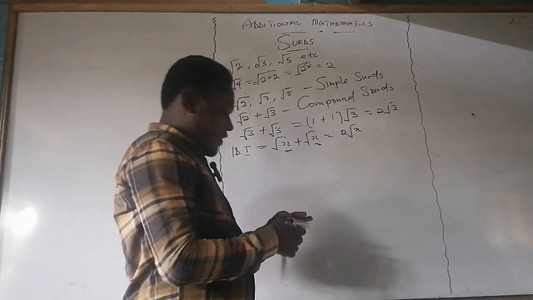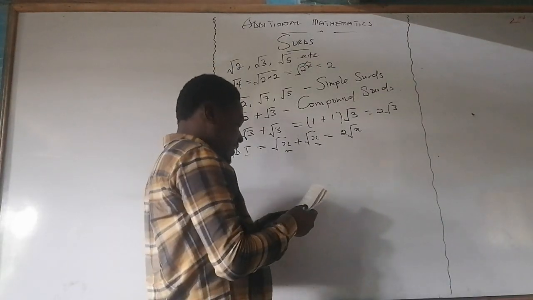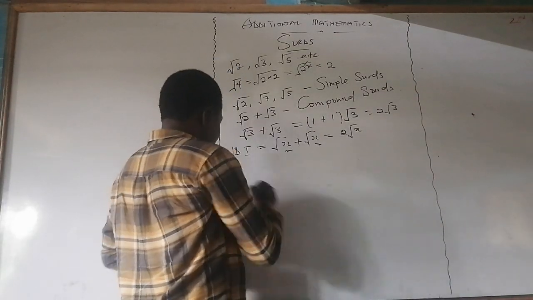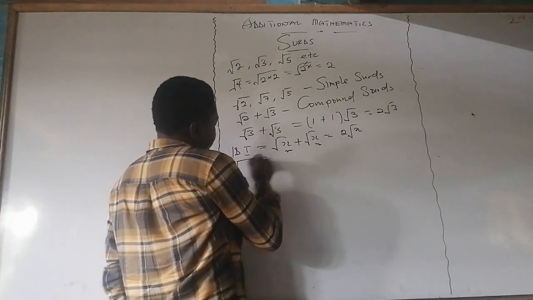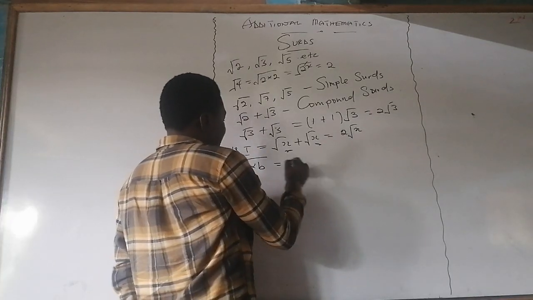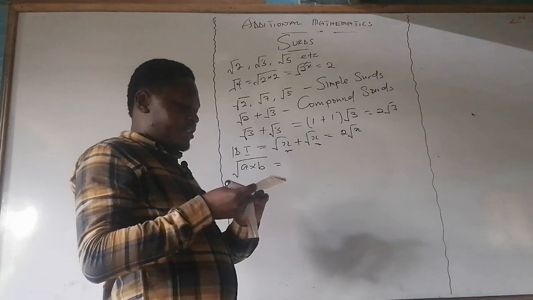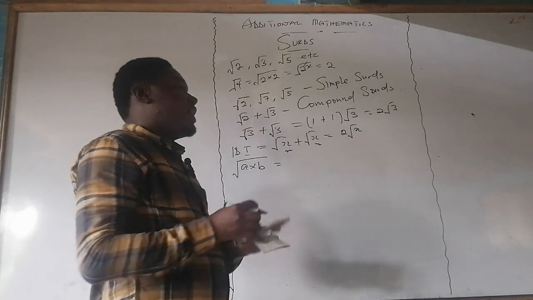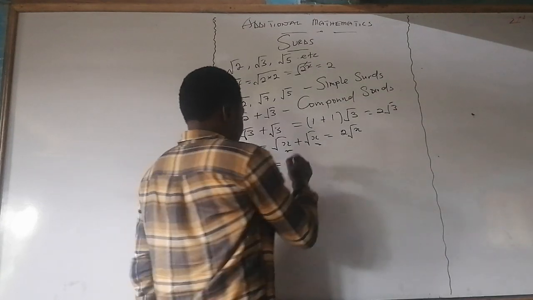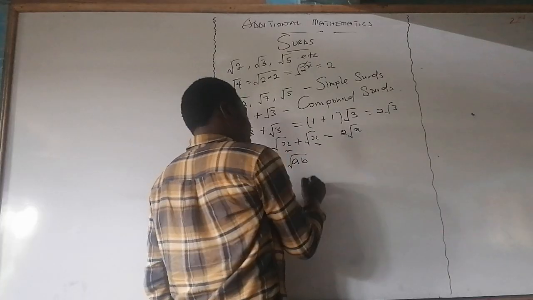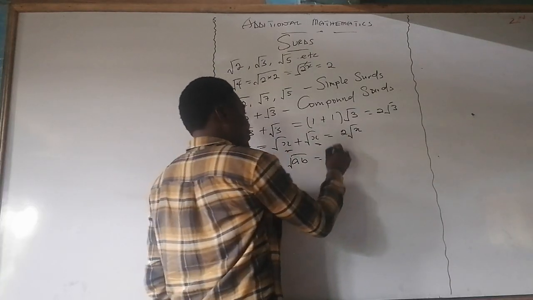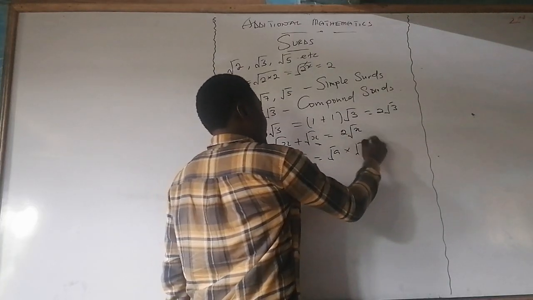Identity 2 says that once you have the square root of two things multiplied inside the square root, we can multiply them to be ab, and we can also provide a square root for each of them.